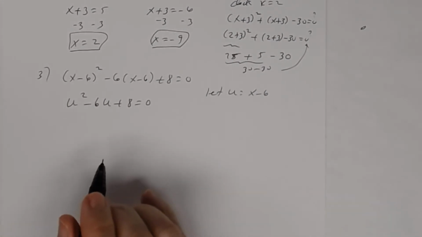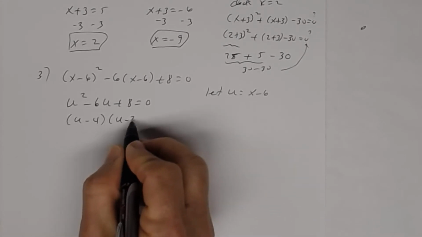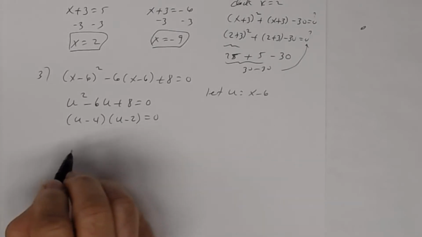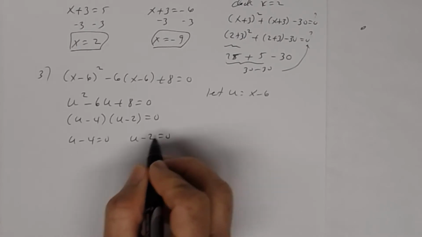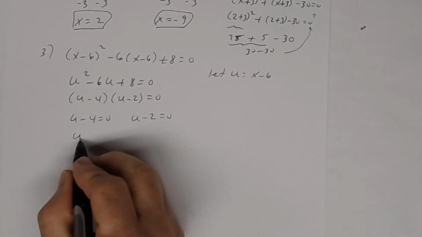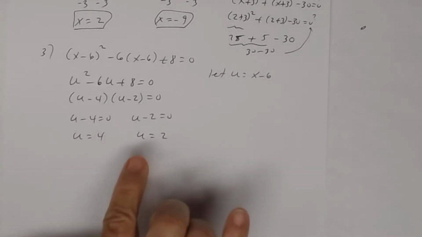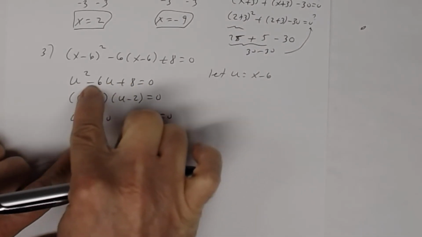And when I factor that, I'm going to get u minus 4 times u minus 2 equals 0. And then I'm going to set each factor equal to 0 using the zero factor property. And when I solve each of those linear equations, I get u to be 4 and u to be 2. Now remember though, 4 and 2 are solutions to this quadratic equation with the variable u.